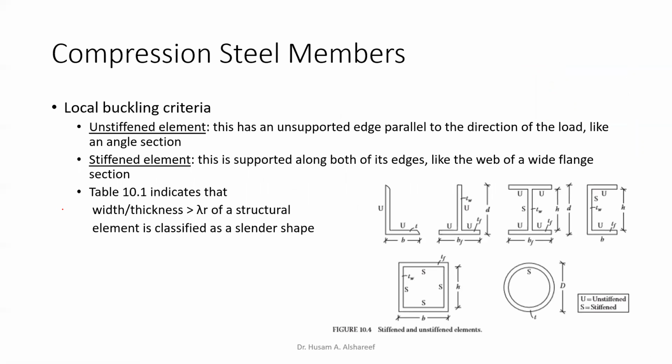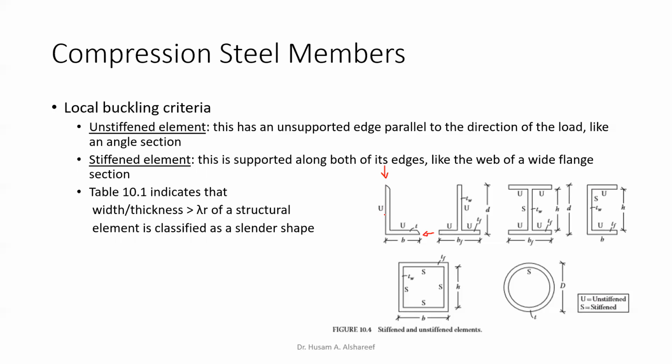As far as the local buckling criteria, we have two criteria that we have to look for: unstiffened element and stiffened element. So the unstiffened element, if we look at this angle here, it's an unsupported edge that is parallel to the loading. So if we apply a load here this way or this way, then the edge of this angle will buckle, will bend, because it's unsupported.